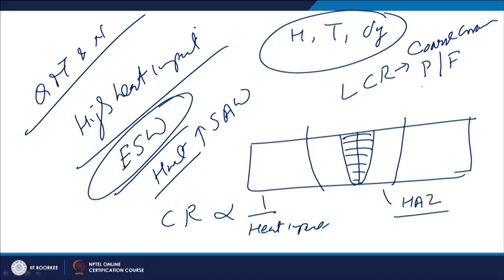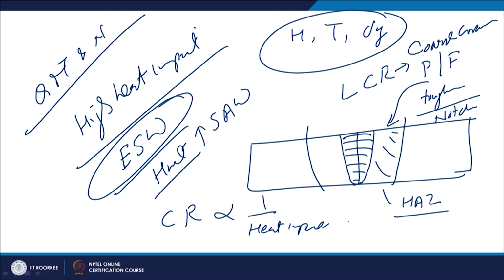A coarse pearlitic and ferritic structure in the weld metal and the heat affected zone, more specifically in the heat affected zone, lowers the toughness of the weld joint, increases the notch sensitivity of the weld joint and reduces the strength.